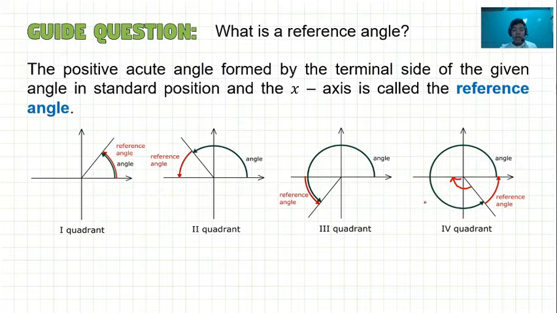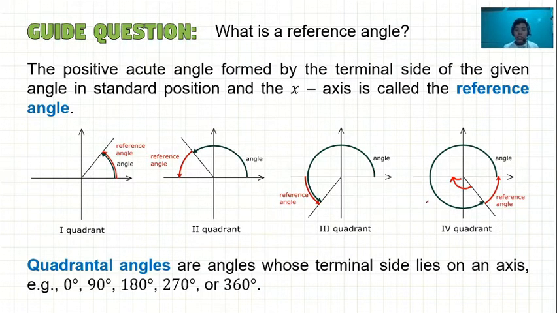Now, what if the angle is located on the axis? Is there a reference angle? The answer is no. But there is another term for that. Angles located on the axis, or angles whose terminal side lies on the axis, are called quadrantal angles. So what are those angles?